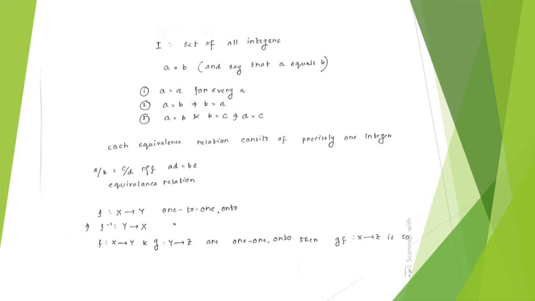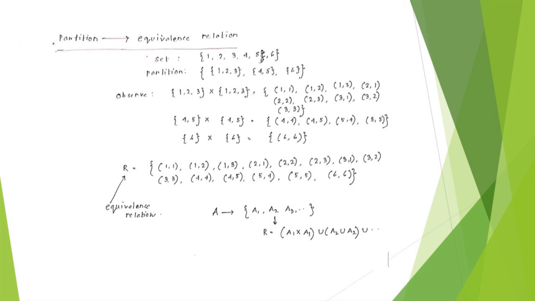We'll discuss via some examples. So in the last two slides, I will give examples where we have a partition, and from that partition, firstly we'll show an equivalence relation, and in the next example we'll show that if we have an equivalence relation, this equivalence relation will induce a partition.